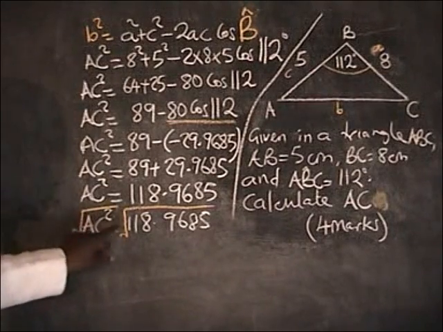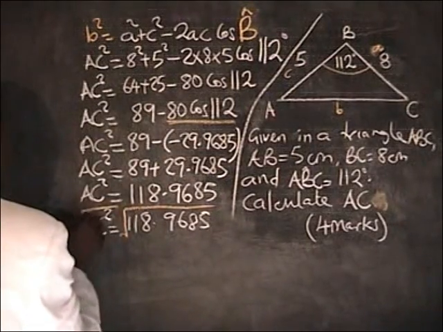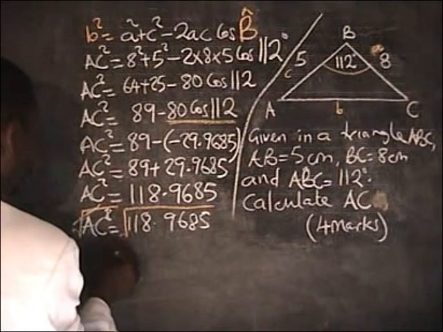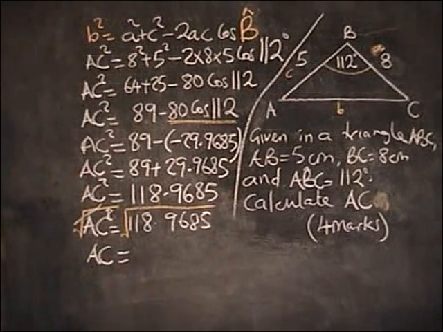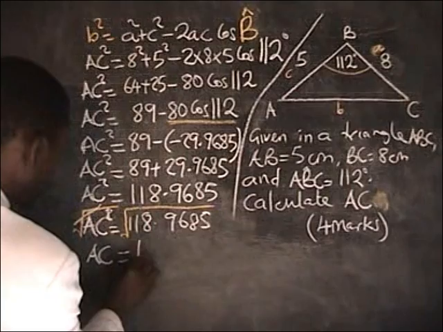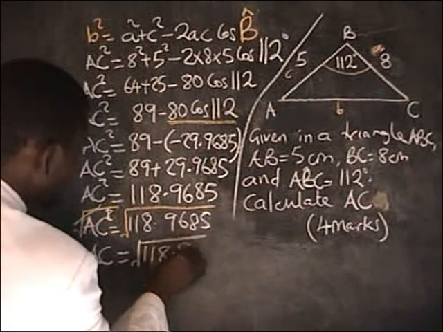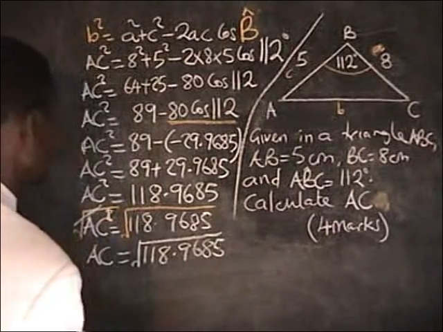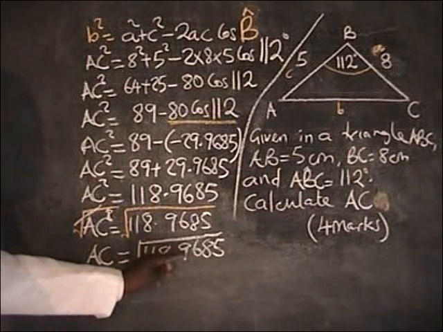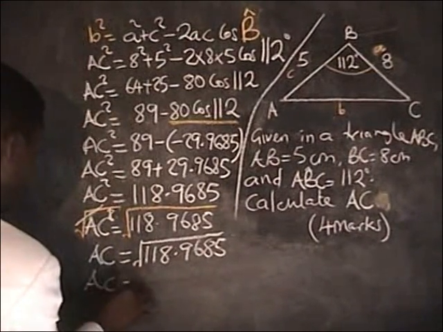So the square root and power 2 cancel, and this reduces to AC, which equals the square root of 118.9685. So let's get the square root of 118.9685, and this is going to be the answer.